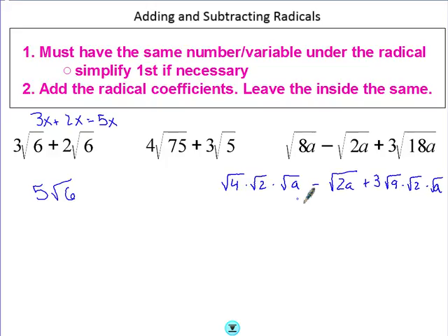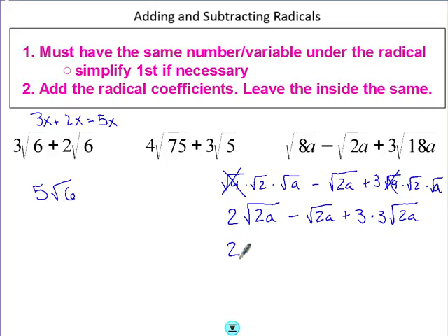Alright, and so now I'm going to go through and simplify what I can. The square root of 4 is 2, so I have 2 times the square root of 2 times the square root of a. I can't simplify either of those, so they stay underneath. Minus the square root of 2a plus 3 times the square root of 9, which is 3, and then I have 2 and a, which can't be simplified.